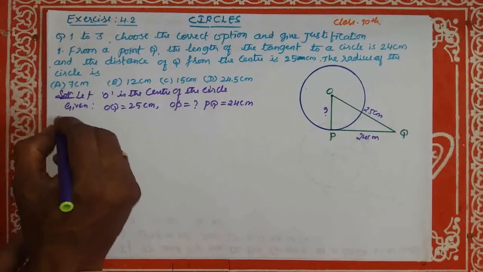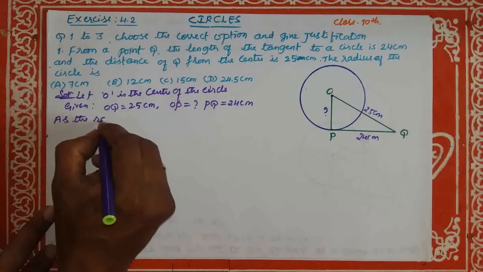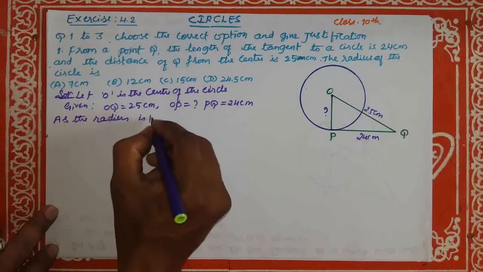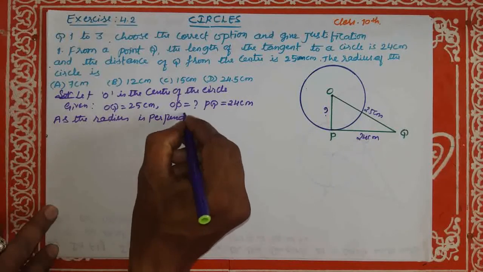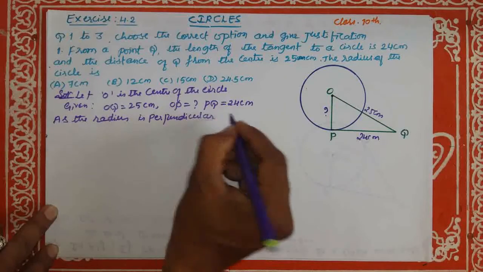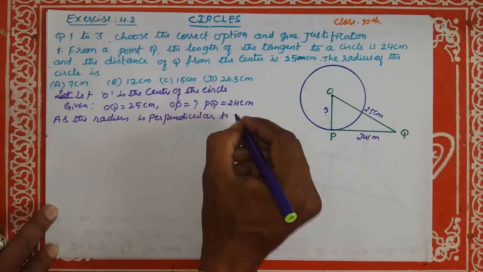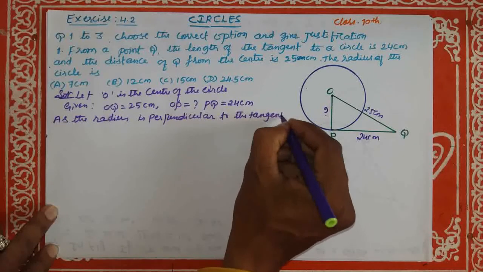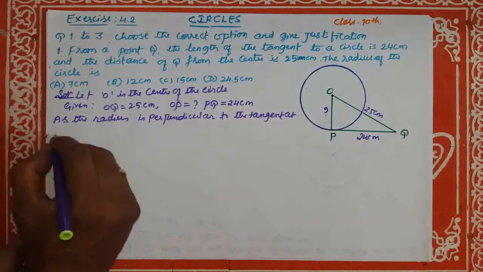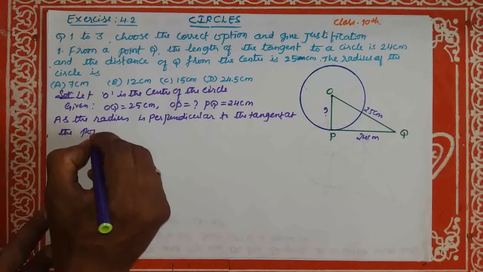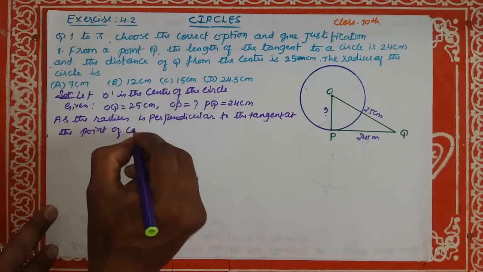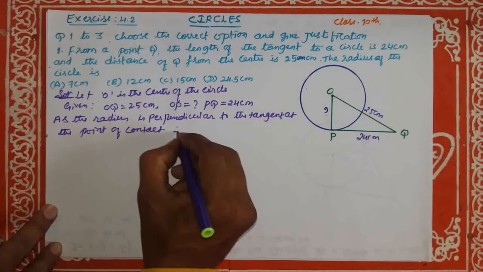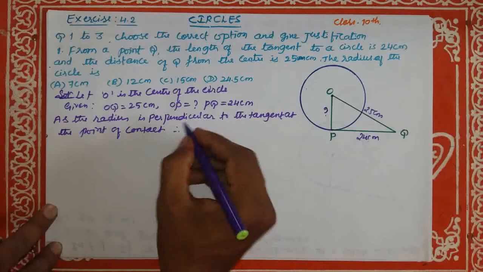As the radius is perpendicular to the tangent at the point of contact, therefore OP is perpendicular to PQ.